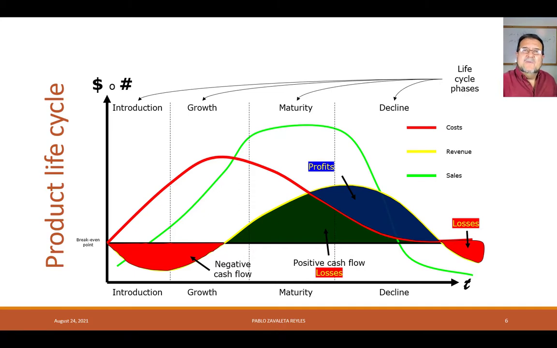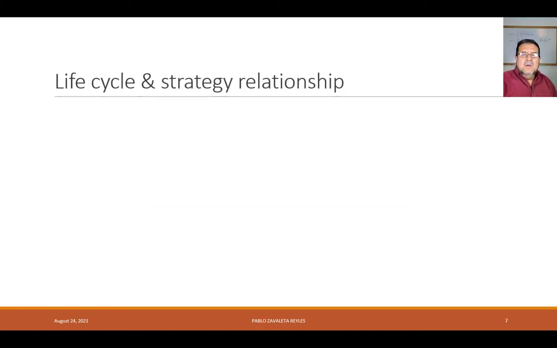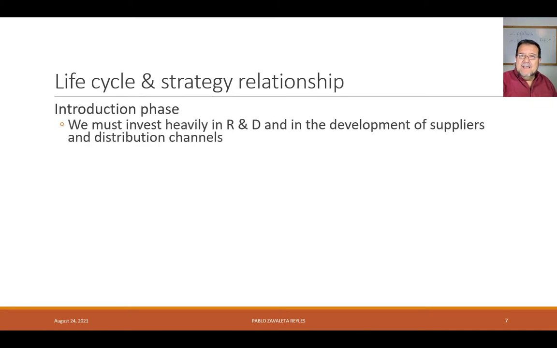So what is the relationship, now that we have seen this curve, between strategy and the product's life cycle? Well, first, during the introduction phase, we must invest heavily in research and development and developing the suppliers and the distribution channels.